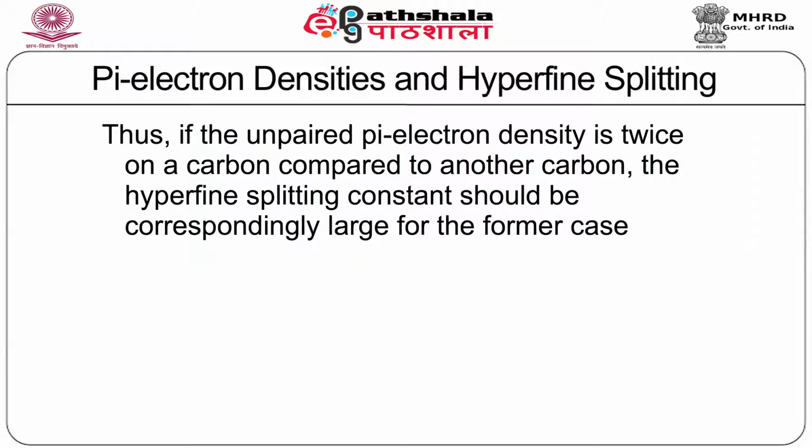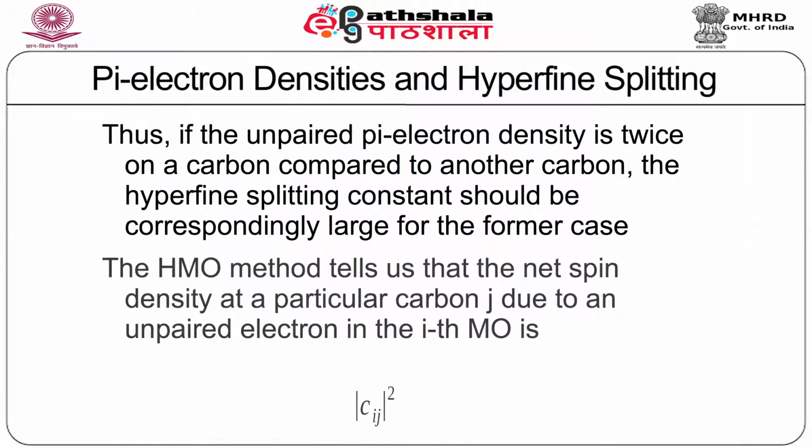Thus, if the unpaired pi-electron density is twice on a carbon compared to another carbon, the hyperfine splitting constant should be correspondingly large for the former case. The Hückel molecular orbital method tells us that the net spin density at a particular carbon j due to an unpaired electron in the ith MO is the absolute value of C_ij squared.